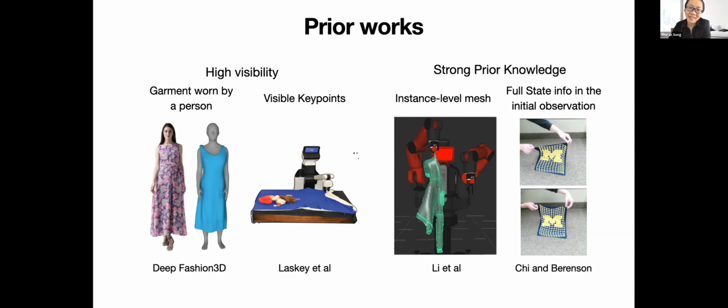Due to all these challenges, prior works on garment or cloth manipulation often build on simplifying assumptions, such as assuming high visibility of the cloth or relying on very strong prior knowledge about objects, such as a very accurate 3D mesh of the object instances.